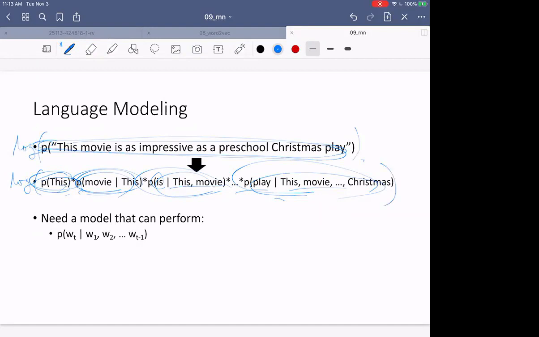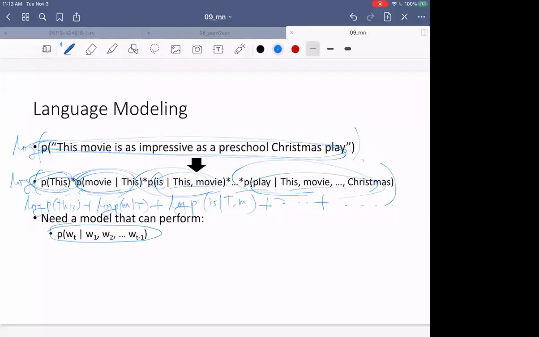And then you can turn this into a sum of log probabilities: log p of this, plus log p of movie given this, plus log p of is given this and movie, and so on and so forth. In order to calculate this, your model needs to compute the probability of the next word given all the words before.